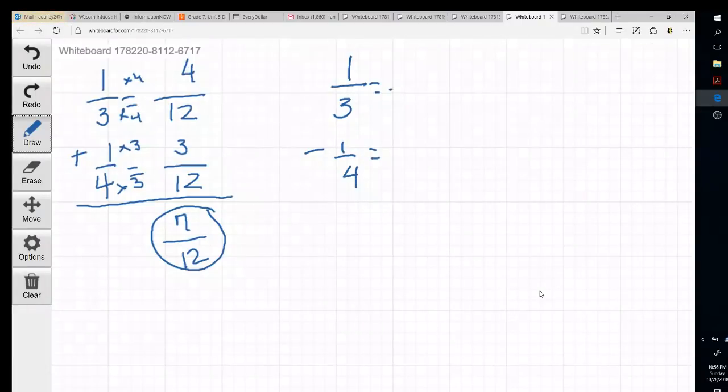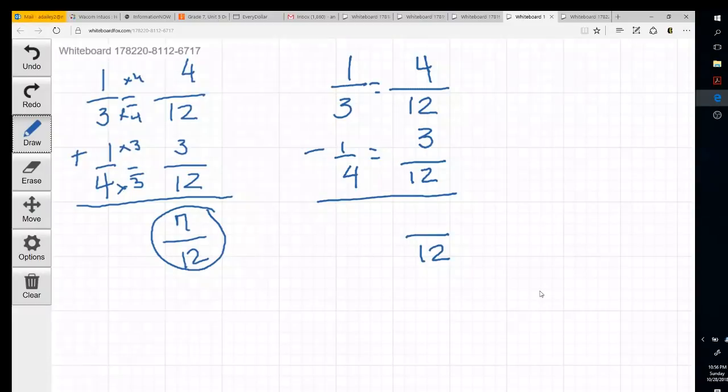With both addition and subtraction, you have to find the least common denominator. We already said that 1/3 is 4 twelfths, and 1/4 is 3 twelfths. So when you're subtracting, again, you do nothing with the denominator, leave it alone, and you subtract the numerators. 4 minus 3 is 1. There's no number that goes into both 1 and 12, so 1/12 is your answer.